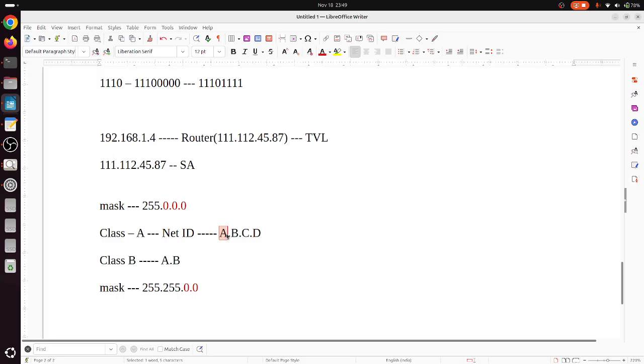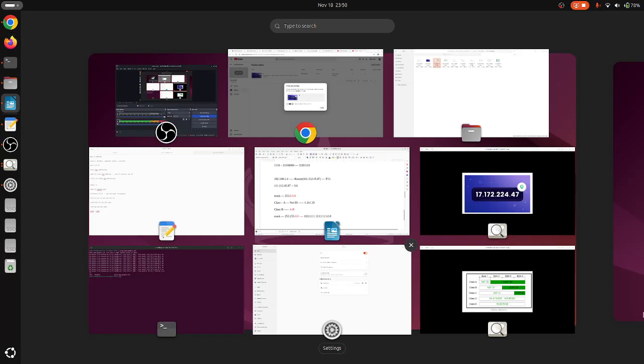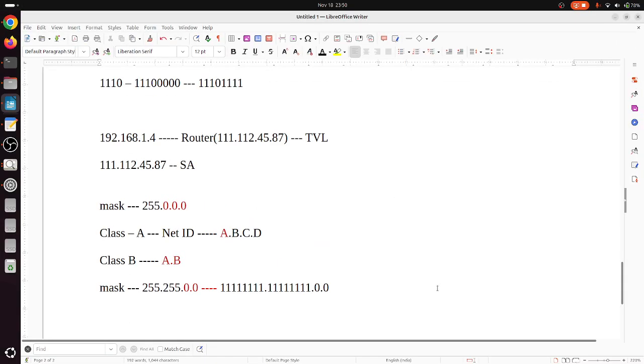Once again I am making this in red so that you can identify it. For class A, since the first socket has the net number, I use the first socket as 255. For class B, since A.B has the net number, the first two sockets are 255. If I expand 255, it is all eight bits as 1, and when I expand 0, it is all eight bits as 0.